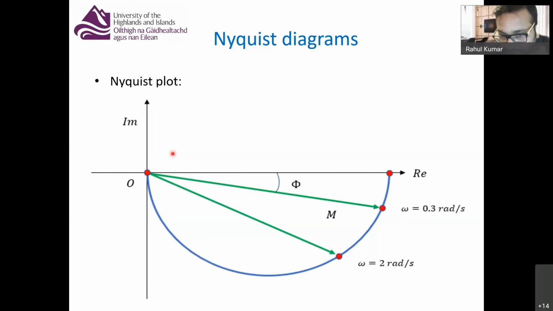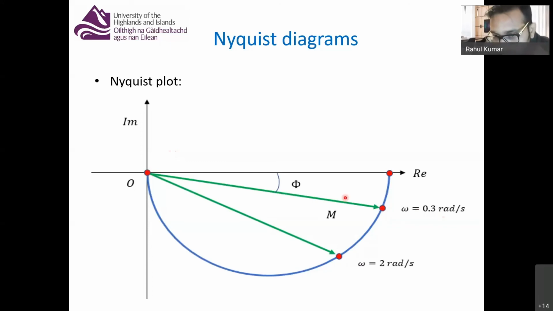Okay. And to find the magnitude and the phase value, what we do is we simply connect a line from the origin to that frequency. So let's say we have to find the magnitude and phase at 0.3 radians per second. So we will connect a line from the origin to that frequency.